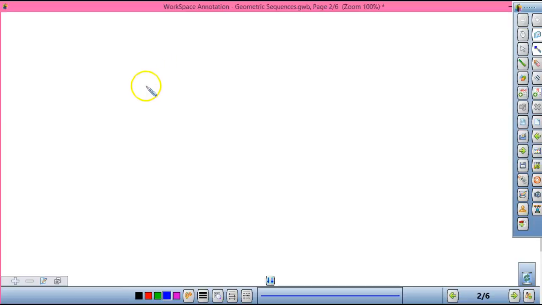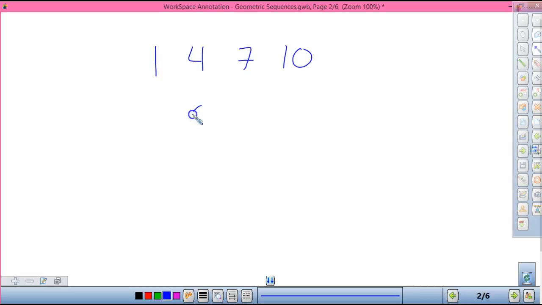Remember when we did arithmetic sequences, they look like this. Okay? And if this was arithmetic, what is my common difference? My common difference was 3. Yep. My a sub 1 was 1.